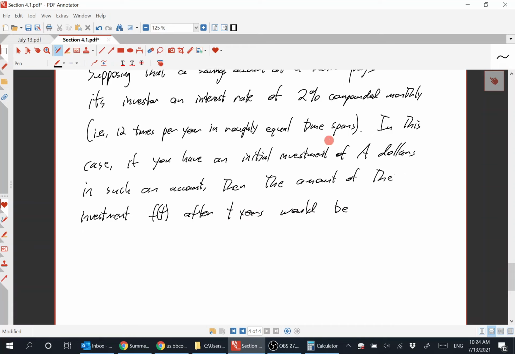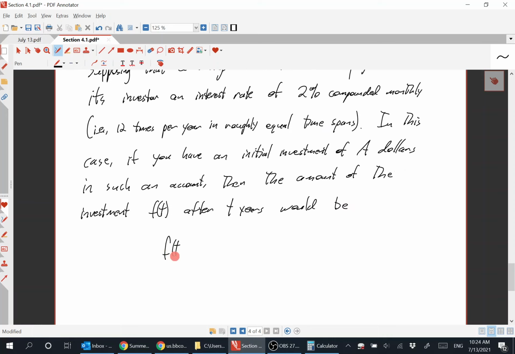the following. So f of t is equal to, so you have this initial amount, and then it gets multiplied by this formula here. So 2%, okay, that's 0.02, like that. So 2% as a number, you have to divide it by 100. So instead of putting 2 over 100, let's put 0.02.